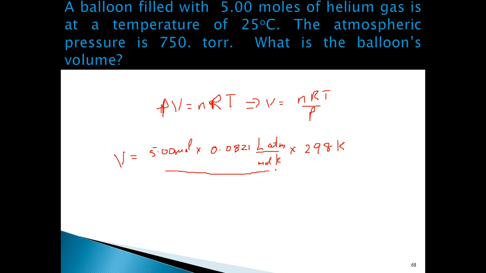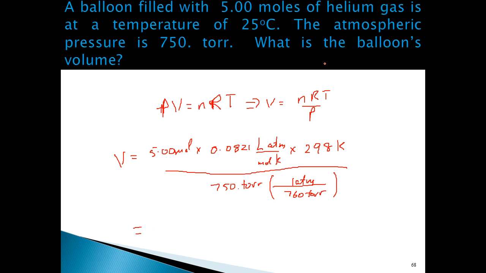Then we divide all of that by the pressure, which has to be expressed in atmospheres. They gave us the pressure in torr, so I would multiply this by 1 atmosphere over 760 torr. And that's the setup.